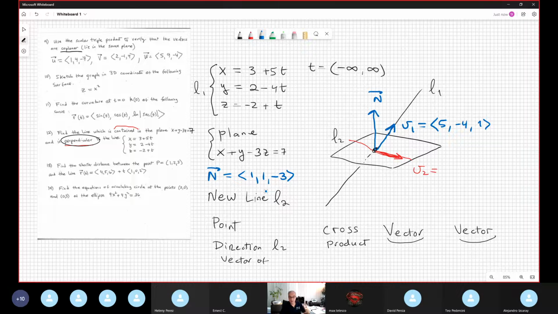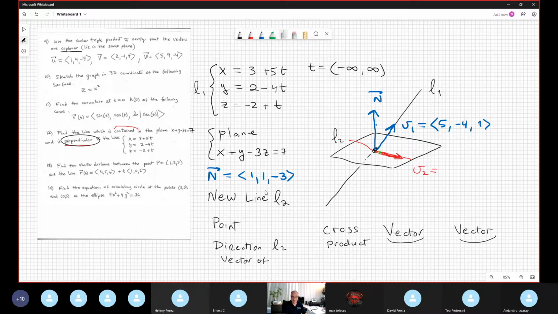Maybe this angle is not 90 degrees, however this angle is 90 degrees, because line 2 is contained in the plane. When you perform the cross product, it gives one vector that lies on the plane. Makes sense, right, guys?